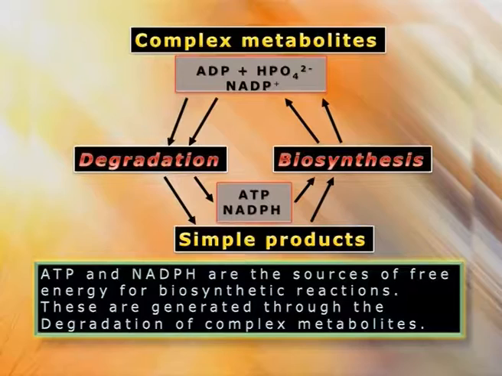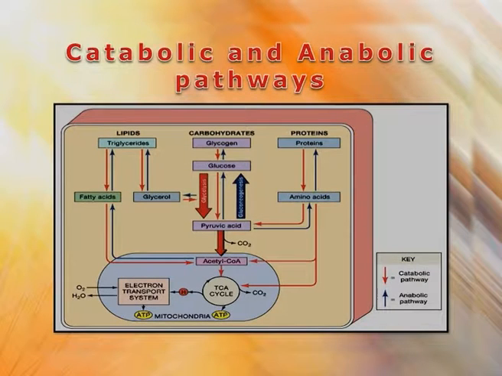In the case of anabolism, the simple products are assembled together, harnessing the energy released from ATP and NADPH to produce the complex metabolites. This slide shows us how the catabolic and the anabolic reactions take place within a biological cell, but essentially in the reverse direction.